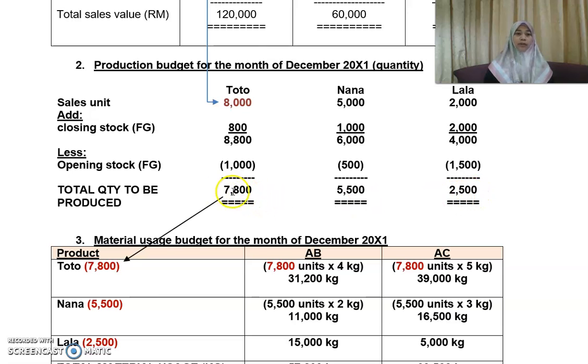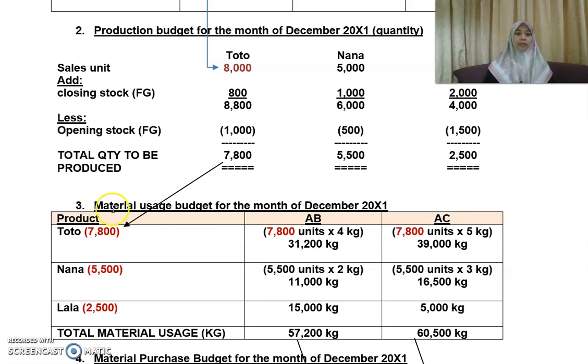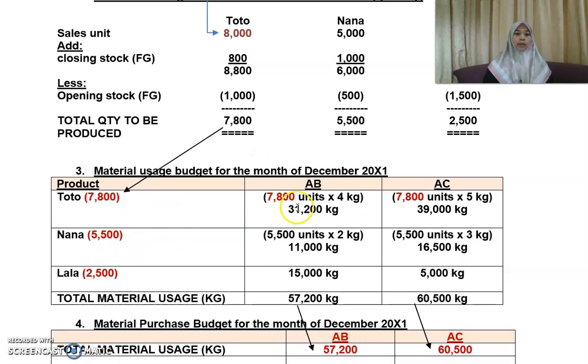After that, you are required to prepare the third one, the material usage budget for the month of December 20x1. Based on the quantity you need to produce, 7,800 for Toto, what are the input materials you require? That will be AB and AC.